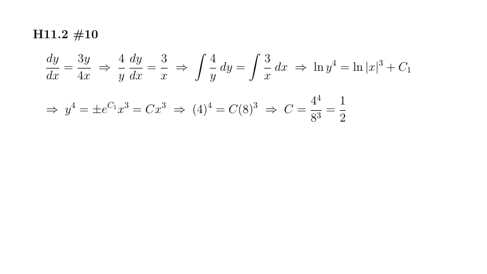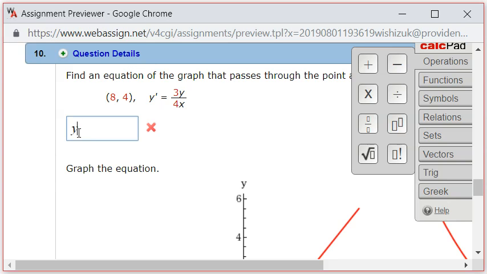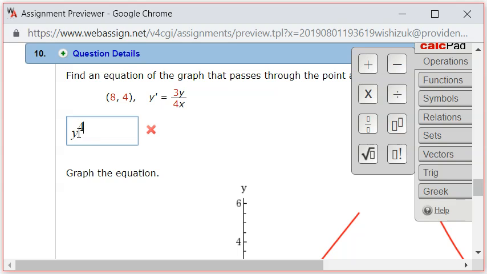So c is 1/2, and therefore we have the equation: y to the 4th is equal to x cubed over 2. Let's type this equation in.